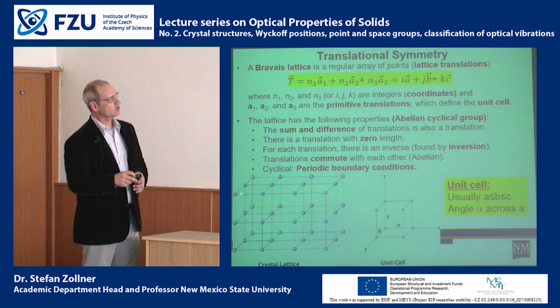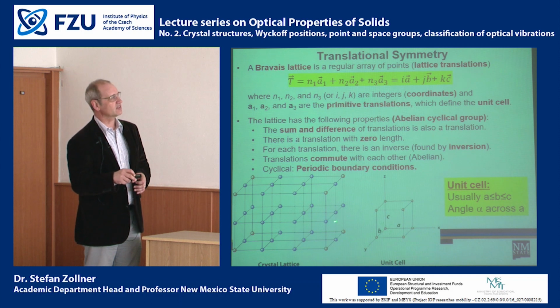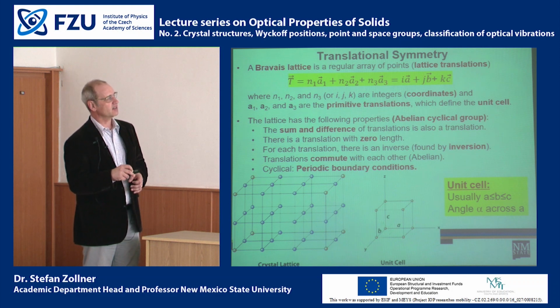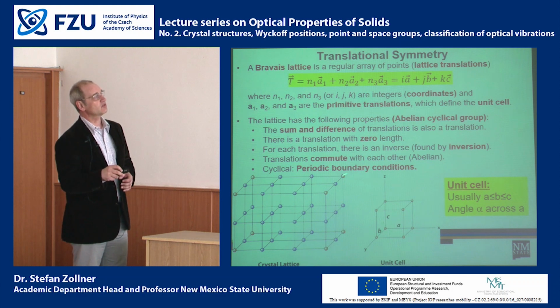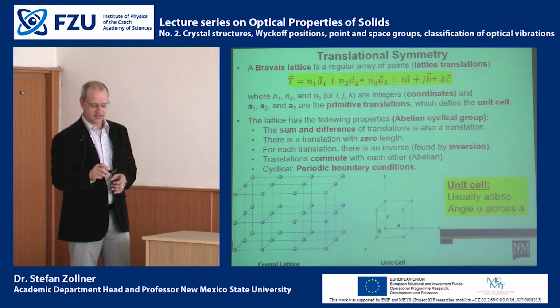So if I have a large crystal here, I start on the left-hand side, and then I move to the right, and then I get to the other edge of the crystal, and I just assume that the crystal has somehow wrapped around, so if the electron comes out here on the right, it automatically re-enters on the left. That's known as the periodic boundary condition, and that makes this translational group a cyclical group.